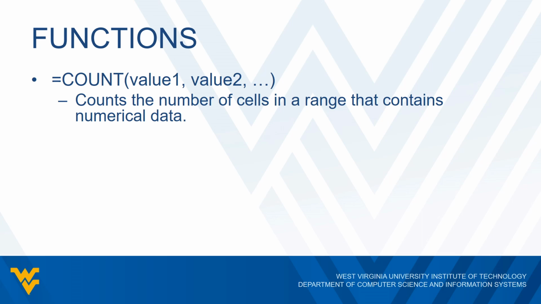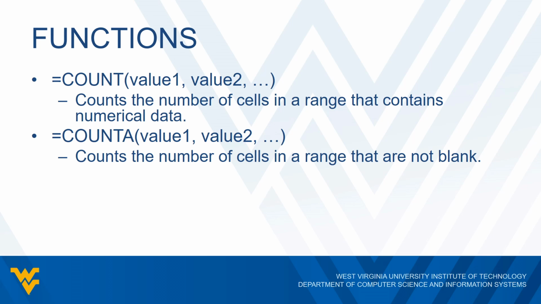It only counts the cells that have numbers in them. Now there is a variation that's called COUNTA, and this will count the number of cells that are not blank, or at least the number of cells that have something in it. It could be numbers, it could be text, it could be special characters like punctuation marks and quotes and all that good stuff, but it's going to count the number of cells that have something in it. They're just not blank at all.